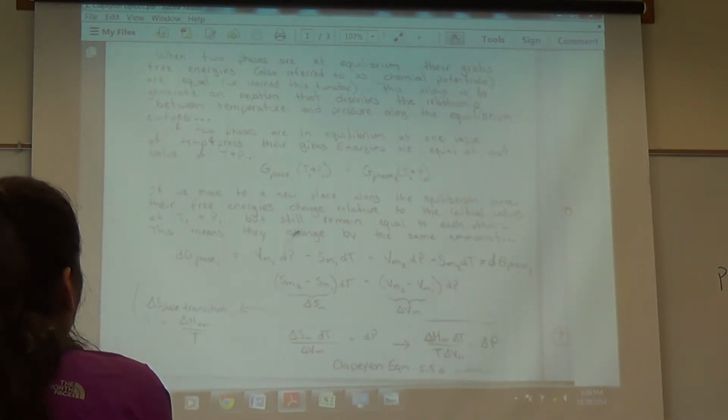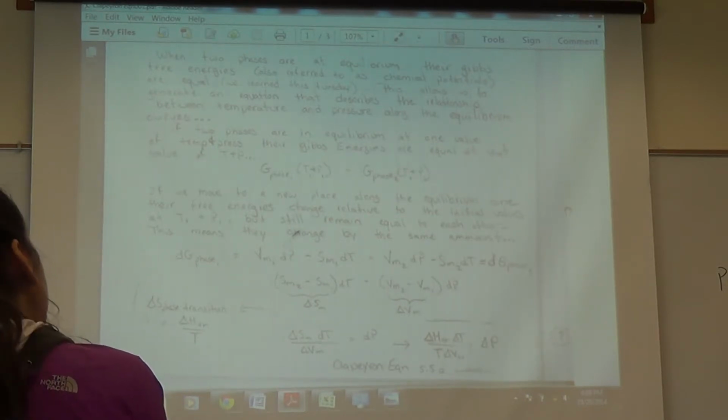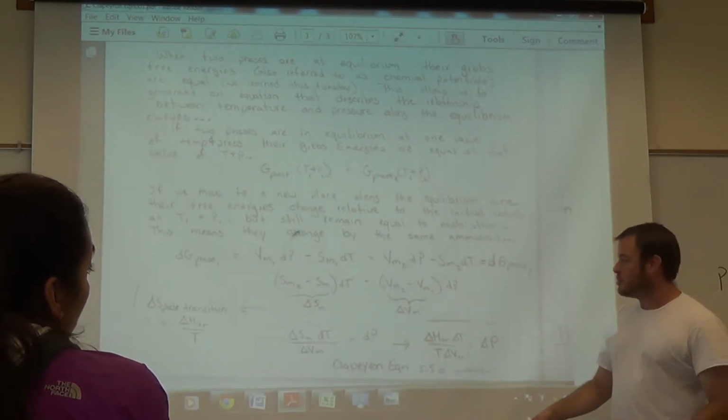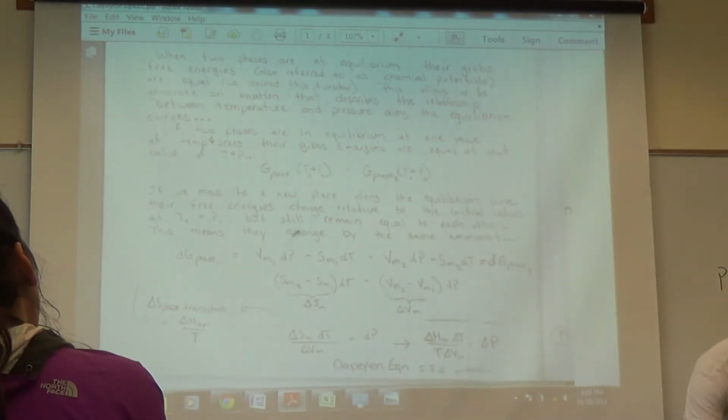You have the solid, the liquid, and the gas. It might describe the solid-liquid boundary, the liquid-gas boundary, or the solid-gas boundary. It's equally suited to describing any of those boundaries.